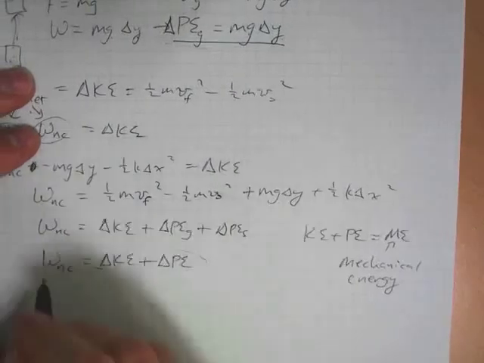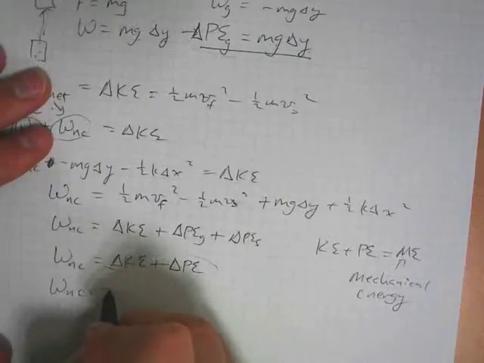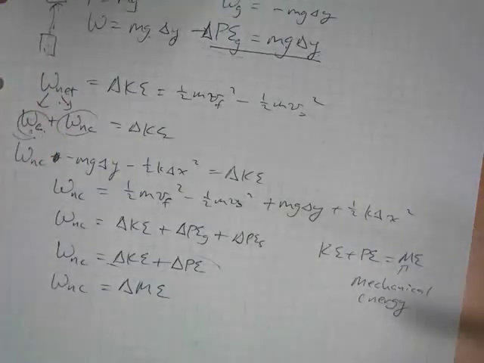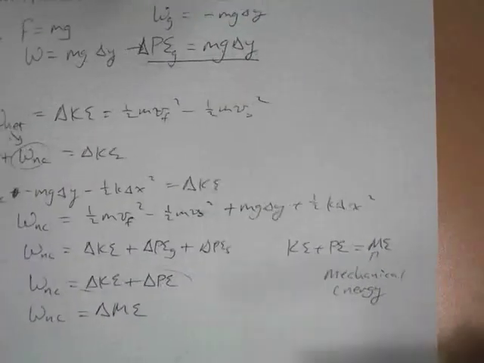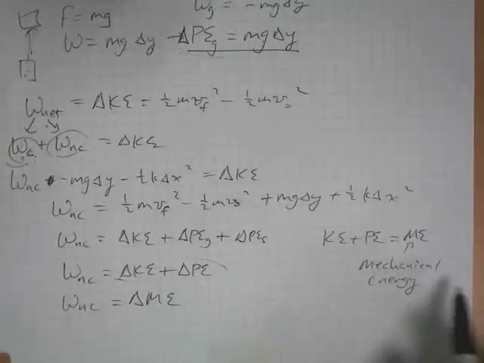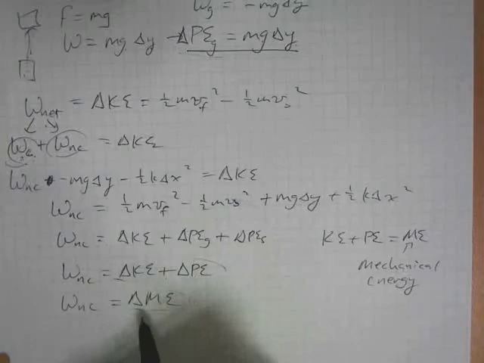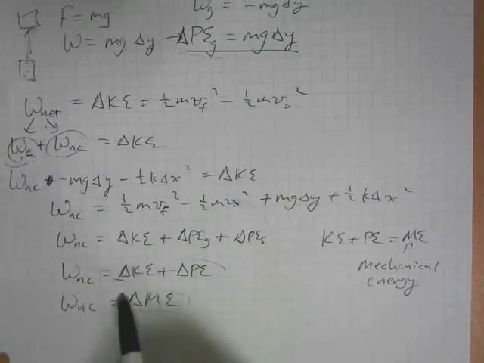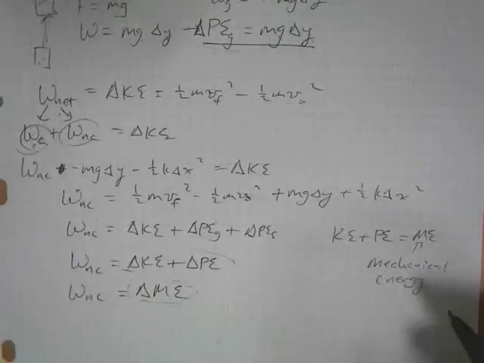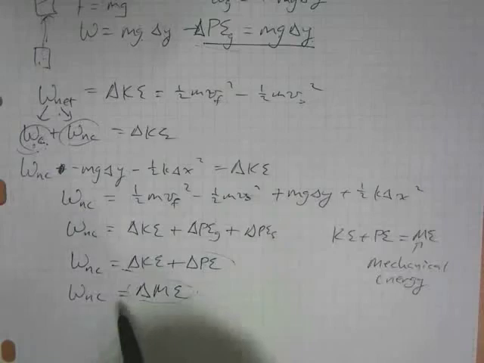So in simplest form, we can say that work non-conservative is equal to a change in mechanical energy, right? So non-conservative forces, we talked about them conserving energy of the object while we were talking about the mechanical energy of the object. Conservative forces conserve the mechanical energy of the object. Non-conservative forces do not conserve the mechanical energy of the object, right? And this is a way we're going to use to solve a lot of problems.